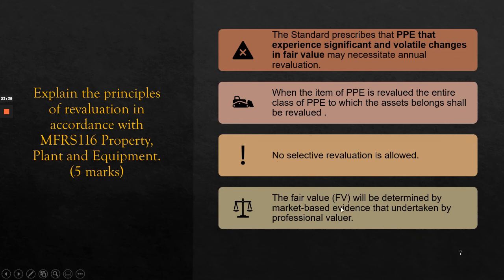Next, the fair value or market value of the building will be determined from the market appraisal made by a professional valuer. It's not us accountants that make the revaluation, but the professional valuer who will assess the fair value based on market evidence.